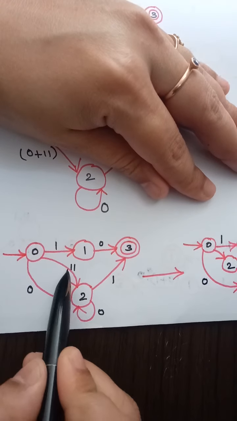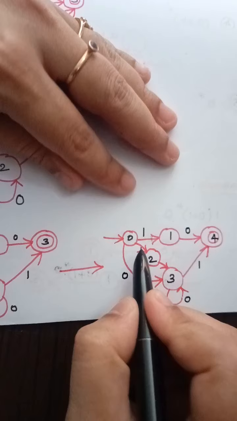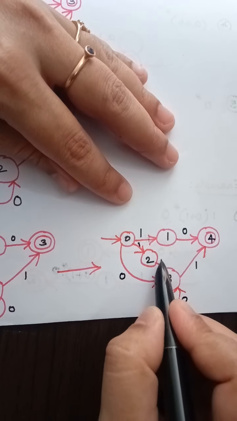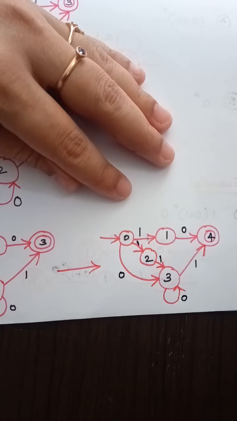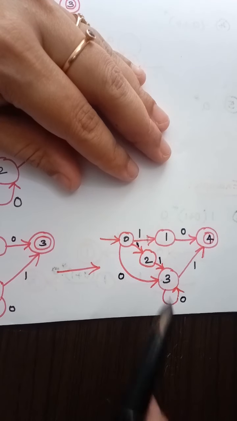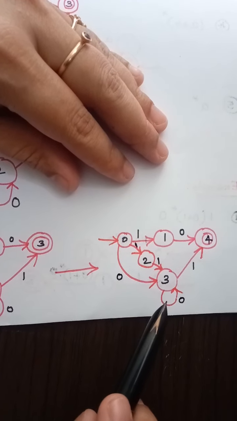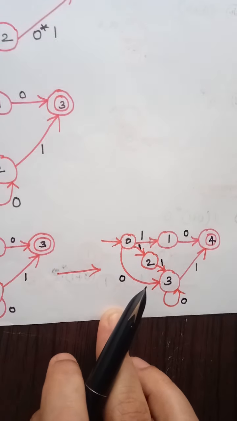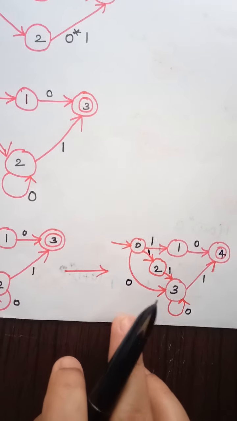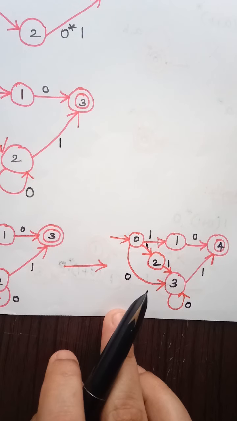Now this 1 1 will get split into 1 here and 1 here. So this is your final NFA, generated from the given regular expression without epsilon moves.